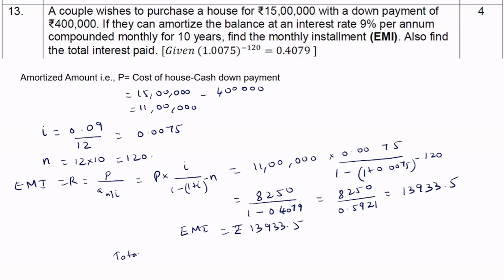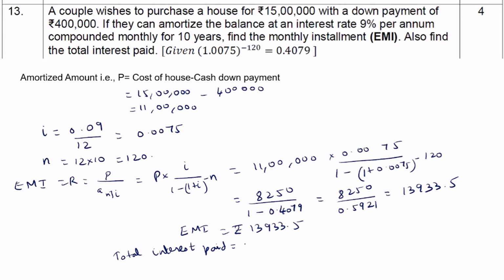So total interest paid: if we see EMI, it will repay both interest and principal. So we can find the interest component alone by multiplying the EMI with the number of periods and subtracting the principal amount.